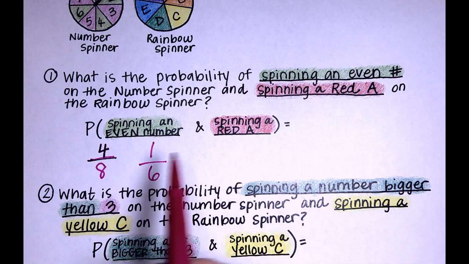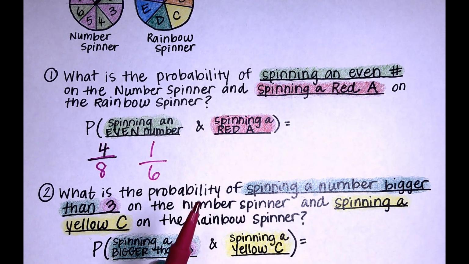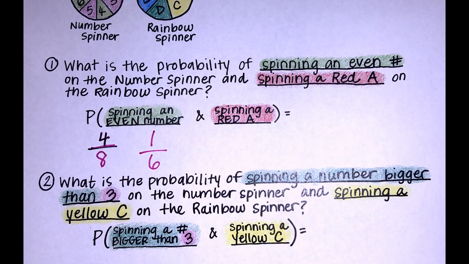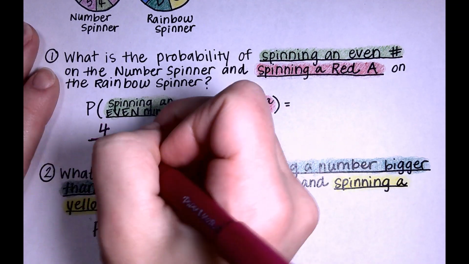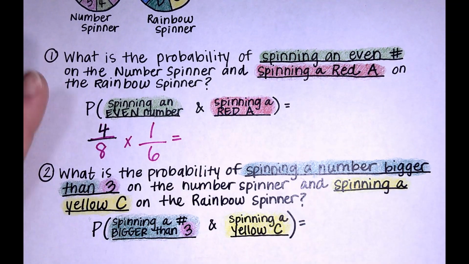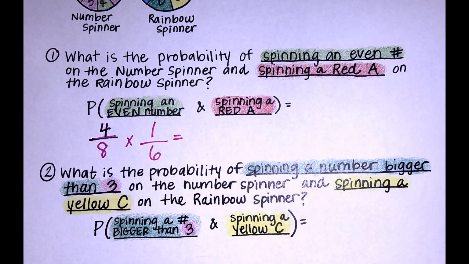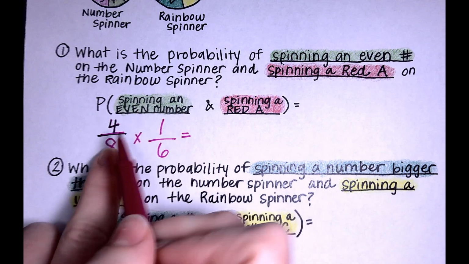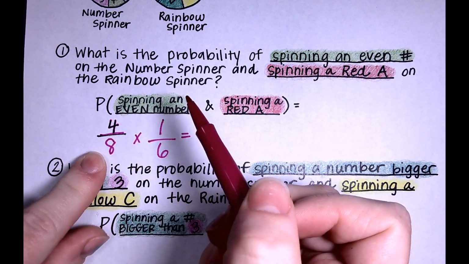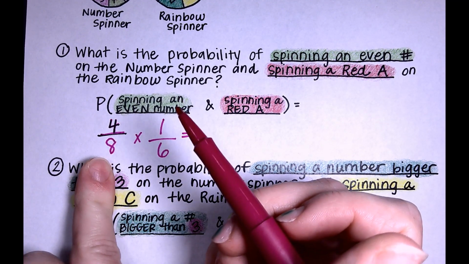So, I have my 2 probabilities. How do I find the probability of both of these happening? We just multiply them. Is it easy to break down 4 over 8 though? To simplify it? Yeah. You do not have to, but you absolutely could. So instead of 4 over 8, you could have reduced this down to 1/2.